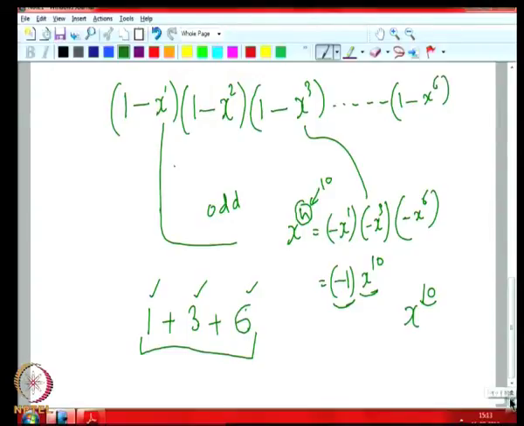But we have seen that when we consider partitions of a number n where all parts are different, unequal, the number of partitions with even number of parts and the number of partitions with odd number of parts are equal for most n, right, when n is not of a certain form.